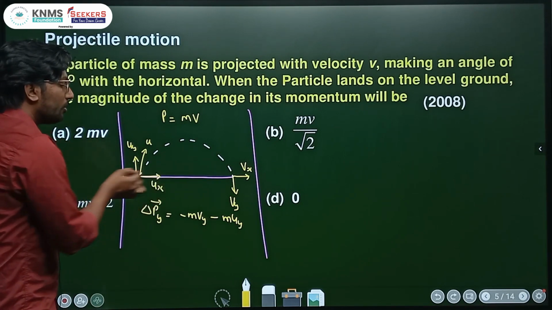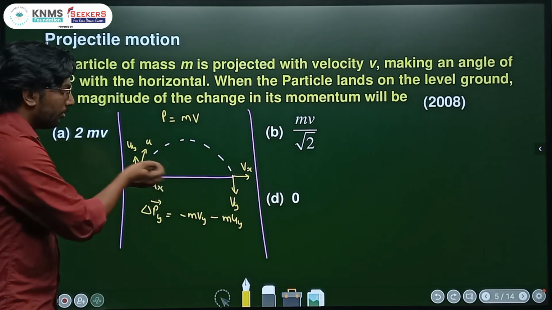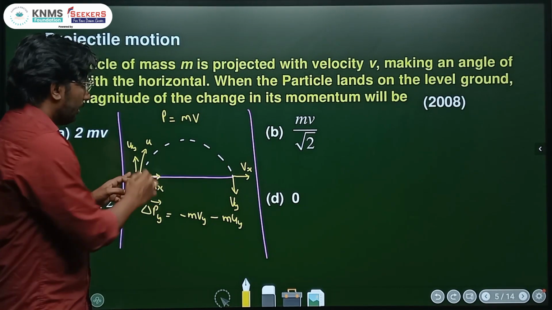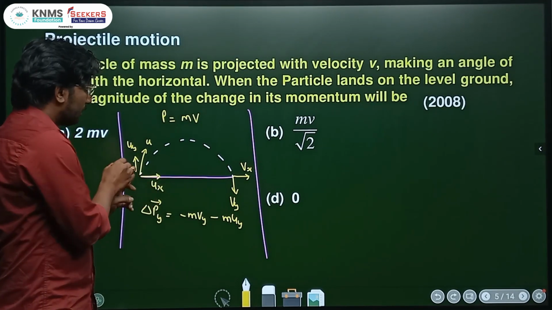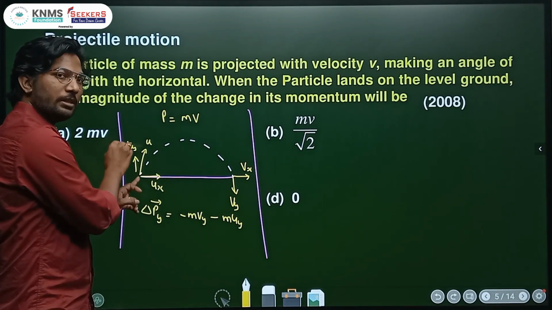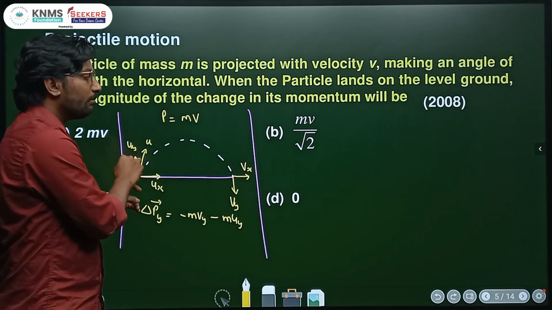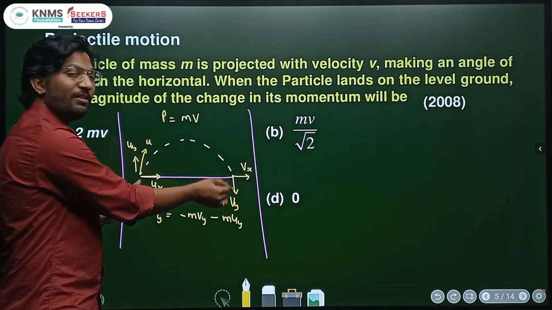Now, there is a small technique for level ground projections. In level ground projections, the vertical component of the initial velocity will always match the vertical component of the final velocity in magnitude.